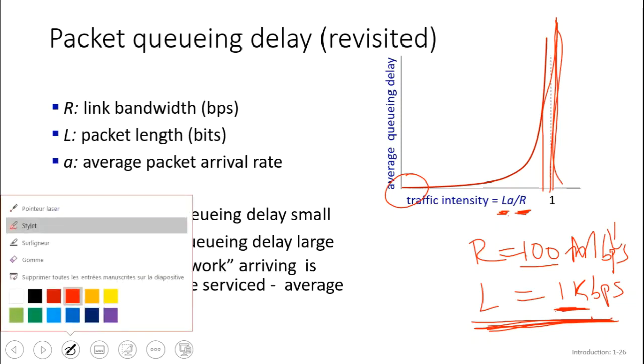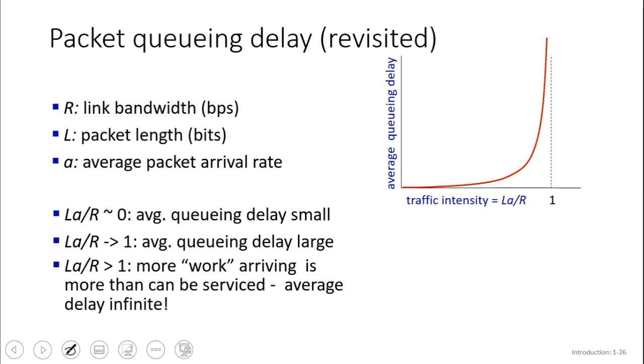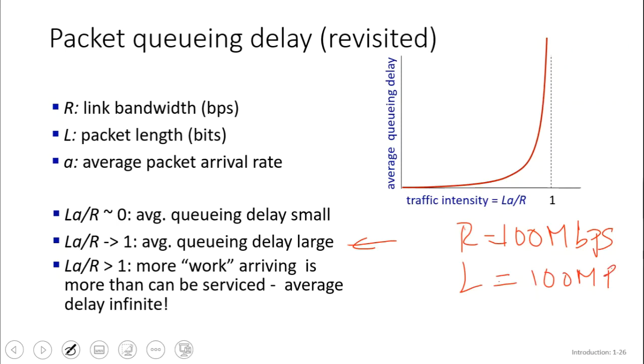Okay, now if we have a transfer rate of 100 megabits per second, and then we have a packet size of 100 megabits, then the queuing delay will end up being large, right?